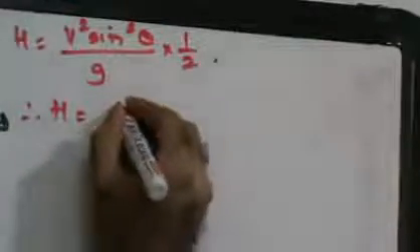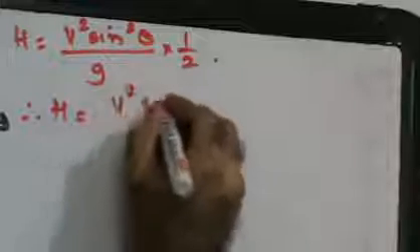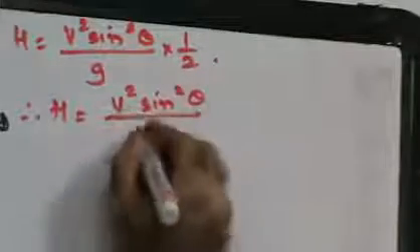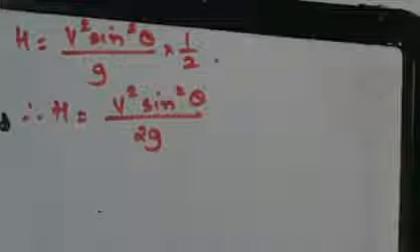So h is equal to v square sin square theta upon g into 1 upon 2. The height covered by the projectile is v square sin square theta upon 2g, right?